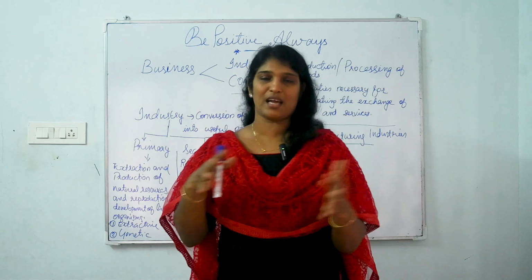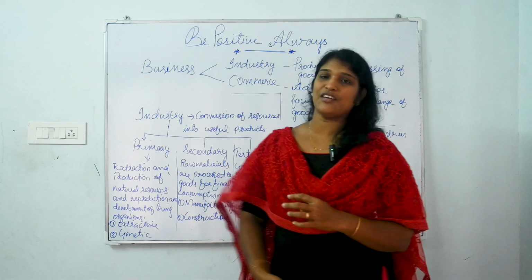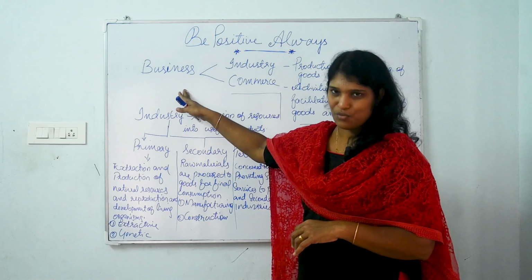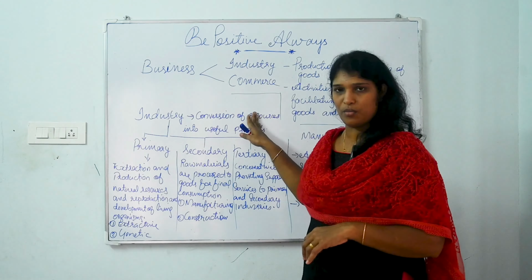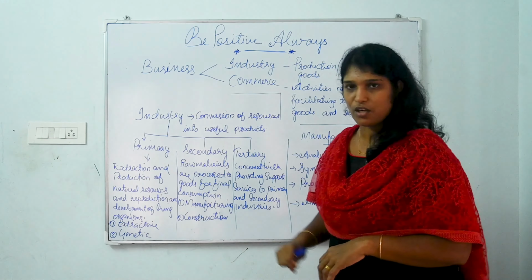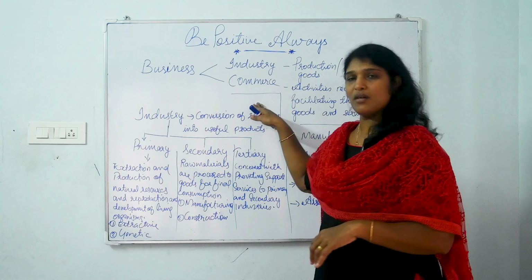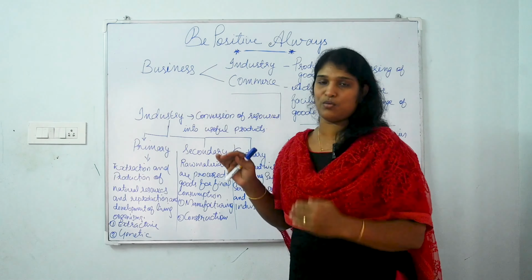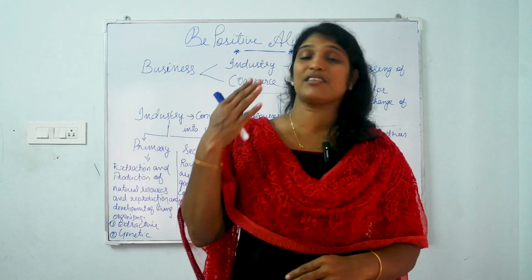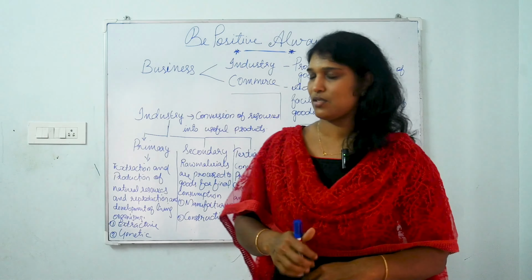I hope it's clear. Business is classified into two: industry and commerce. Industry is concerned with the production or processing of goods, and commerce is concerned with various activities which facilitate the exchange of goods and services.